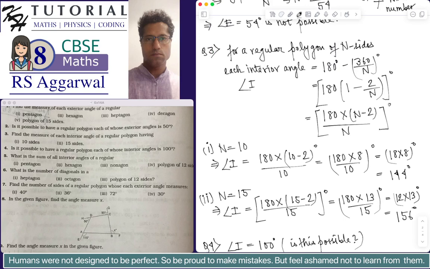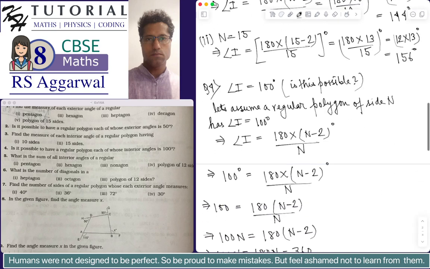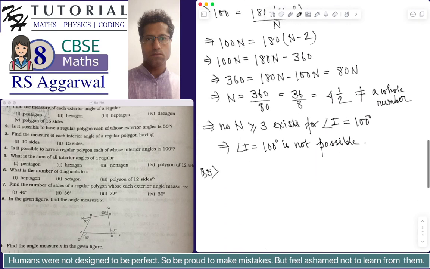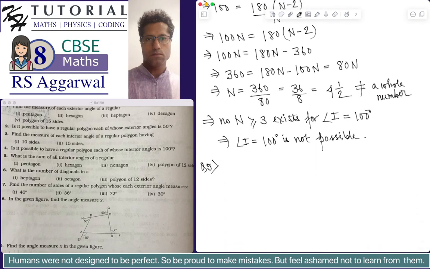Each interior angle I is equal to 180 into (n minus 2) divided by n. Yeah, that is fine. Okay. So question 5 is, what is the sum of all interior angles of a regular pentagon, hexagon, nonagon and a polygon of 12 sides? So we need to first remember what is the sum of all interior angles of a regular polygon of n sides.